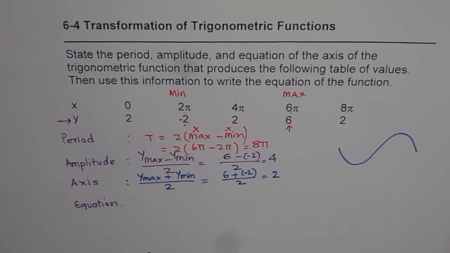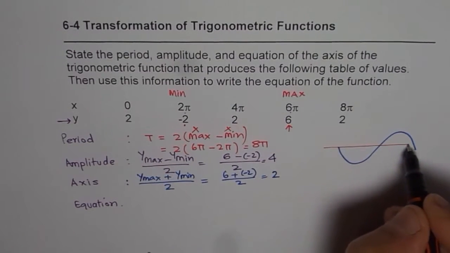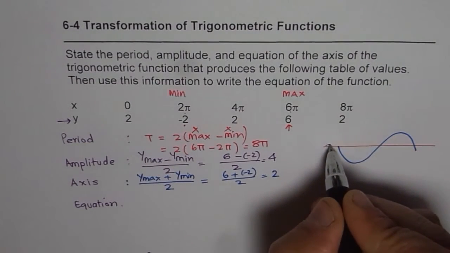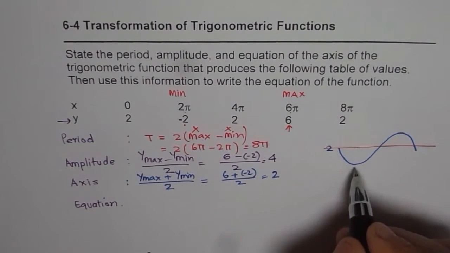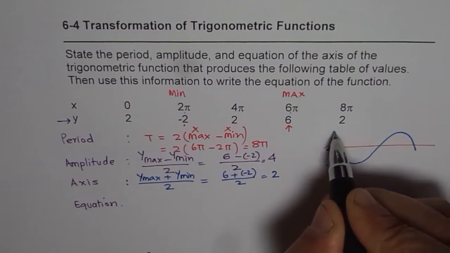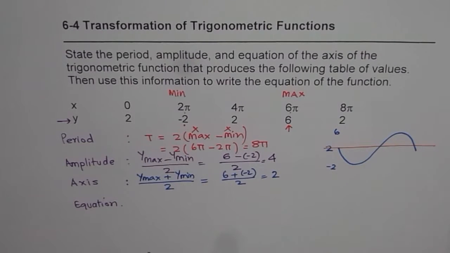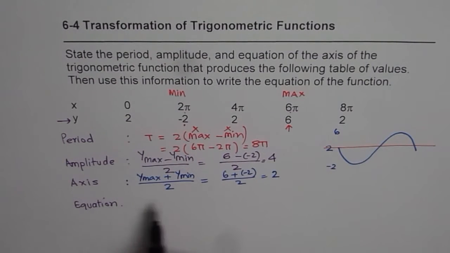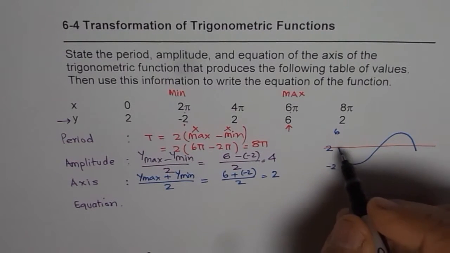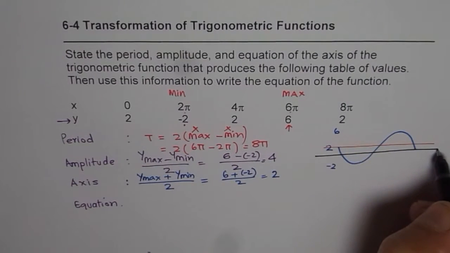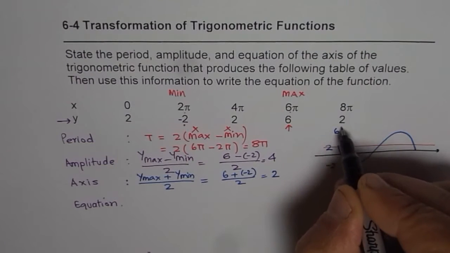If I draw my axis like this, we are given this value of 2, and then it goes down to minus 2, and comes to the maximum of 6. The axis we calculated is 2, so somewhere here we will have our x-axis kind of, and that is the y-axis.